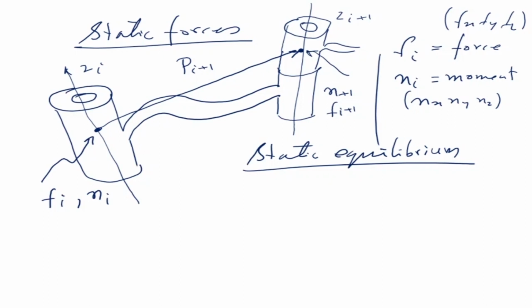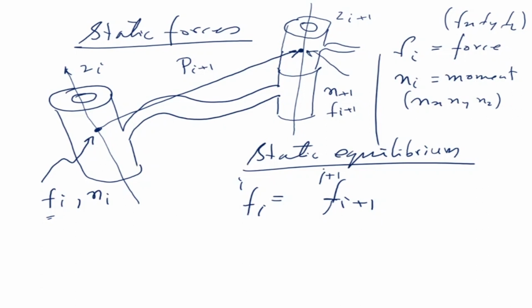Okay, now for that what we do is we write first the force balance equations. Fi is equal to Fi plus 1. So the force here, Fi, must be equal to the force which is on the other link, Fi plus 1. So Fi plus 1 will have a reaction on Fi, and if it's in equilibrium, then both of them have to be equal. Otherwise there will be a resultant in some direction.